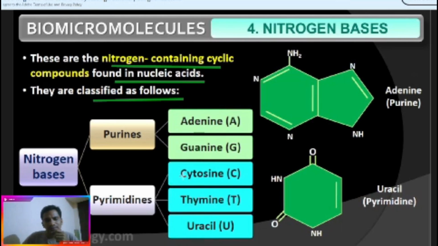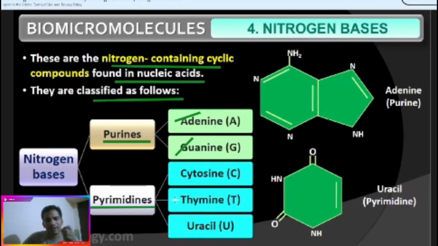So what are the nitrogen bases given here? Purines and pyrimidines. Purines are adenine and guanine. And pyrimidines are cytosine, thymine and uracil. You should remember CUT: first C, next uracil, next thymine.